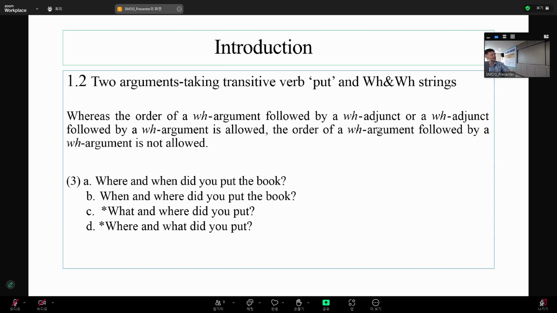This is very strange. For example, 3A, where and when did you put the book? B, when and where did you put the book? Good. C, when and where did you put? This is not good. D, where and what did you put? Not good.